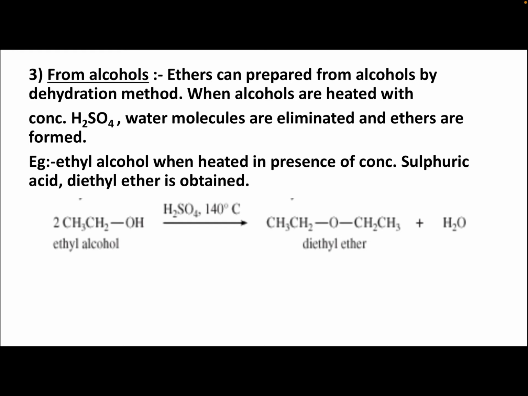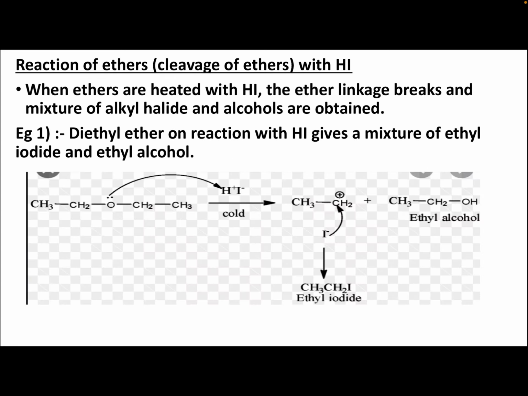Reaction: two molecules of ethyl alcohol, CH3CH2OH, on heating with concentrated H2SO4 at 140 degrees centigrade, give CH3CH2OCH2CH3, that is, on both sides of the ether group there is an ethyl group. So diethyl ether plus H2O is formed. So from alcohols we also get ethers.